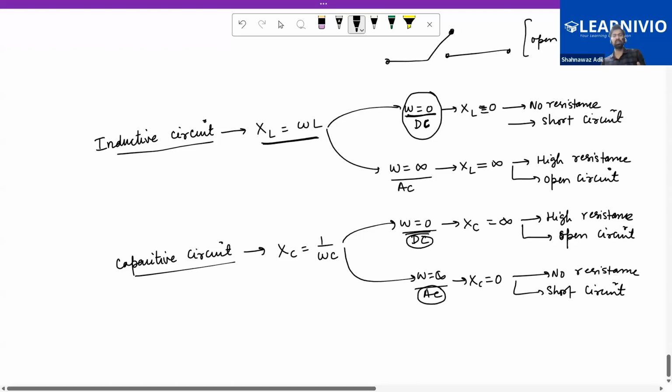So from capacitive circuit, AC current will flow, and from inductive circuit, DC current will flow. So that is the idea, right? If this thing is clear, then please note it down, and then we will do some questions. Please note it down first.